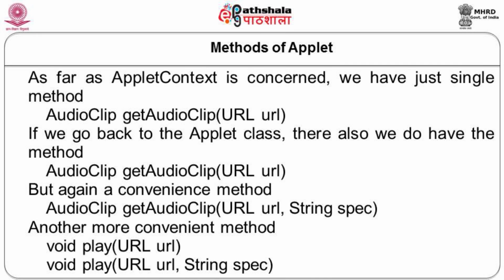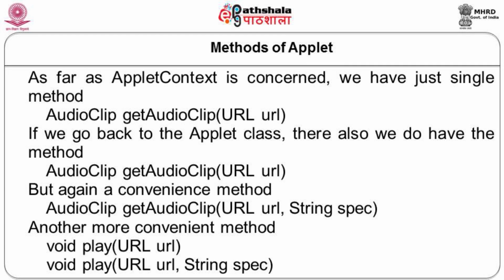Another convenient method again in the applet class is allowing us not to get the AudioClip object separately, but directly to play the audio. So you can also use the method play.